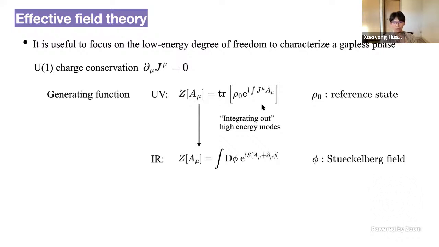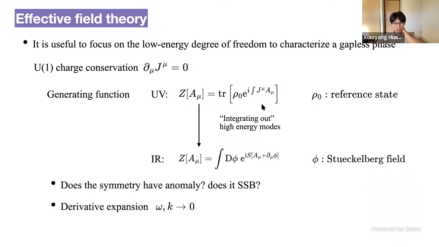For example, here I'm introducing a low energy degree of freedom to make sure that gauge invariance is captured by this effective action. Then we need to ask whether this symmetry has an anomaly or whether it is SSB or not. Based on that, we can give additional constraints on the effective action.